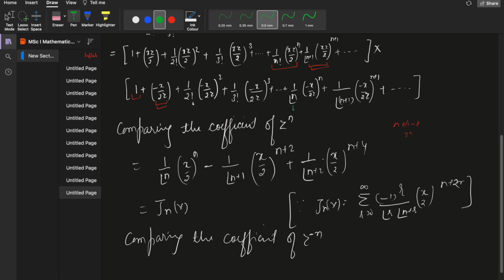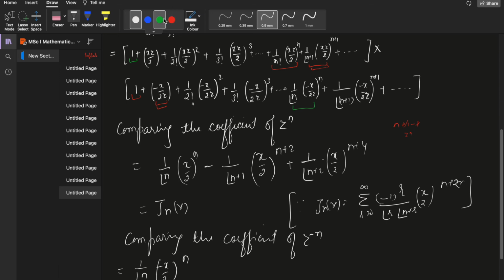When this term is multiplied by this term, I will have the first term as 1 upon factorial n, minus x upon 2 to the power n.